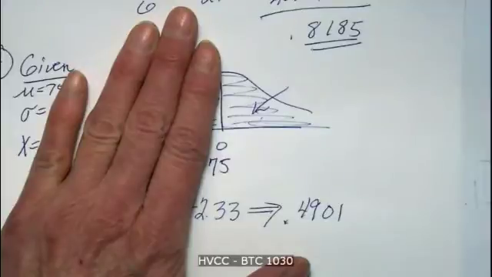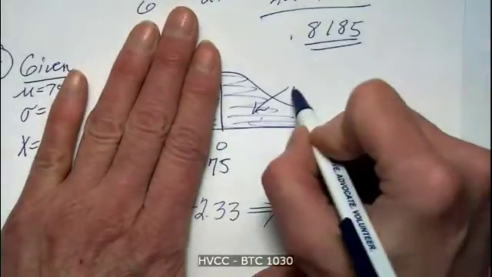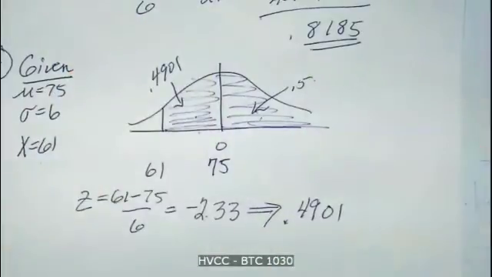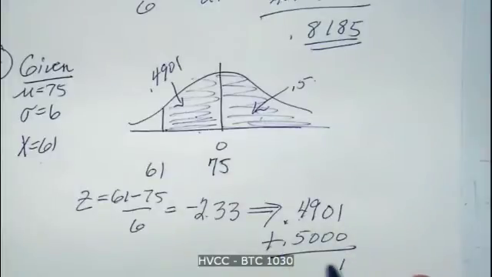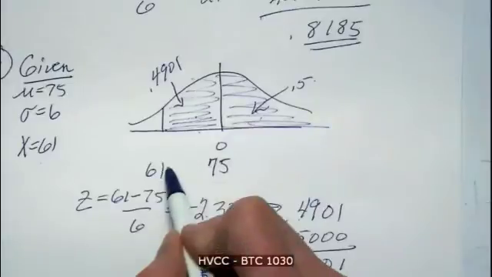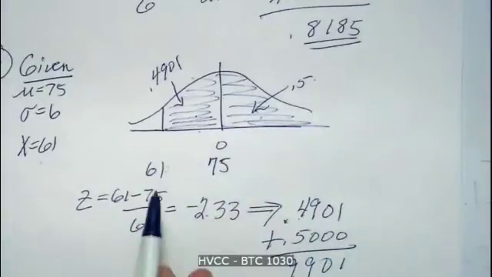If you remember from a few minutes ago, half the curve is 0.5. So I add 0.49 plus 0.5. So this total area that is 61 or greater is 0.9901.